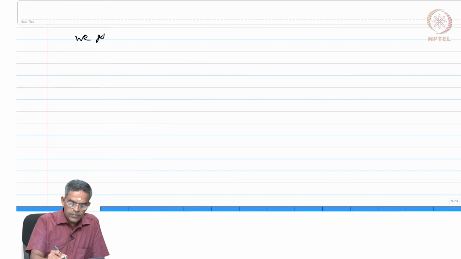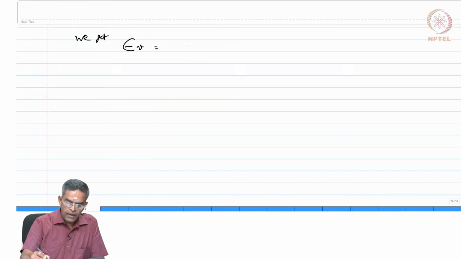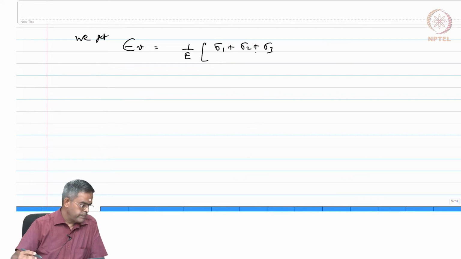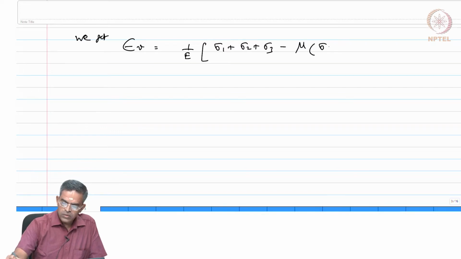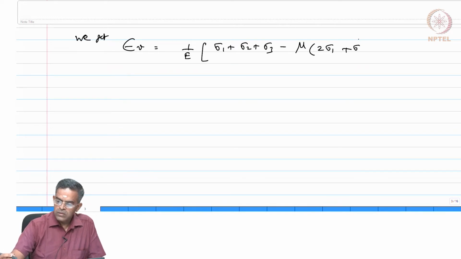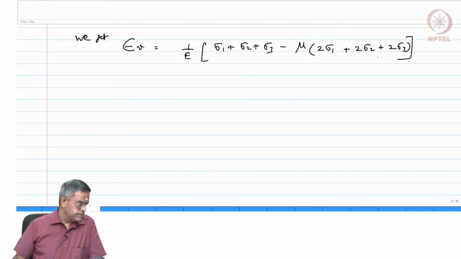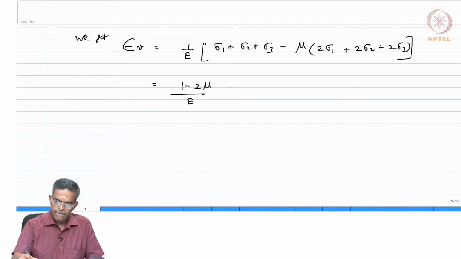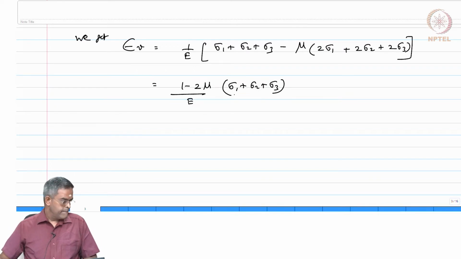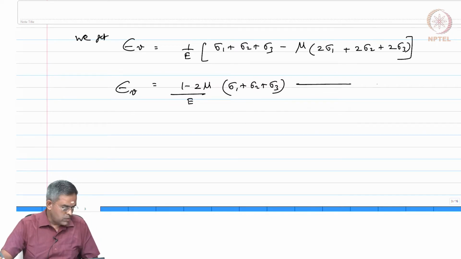So, we get the volumetric strain as 1 by E of sigma 1, 2 and 3 minus mu of two sigma 1, 2 sigma 2, 2 sigma 3, which can be written as (1 minus 2 mu) by E times (sigma 1 plus sigma 2 plus sigma 3). This is EV. We call this equation number 4.